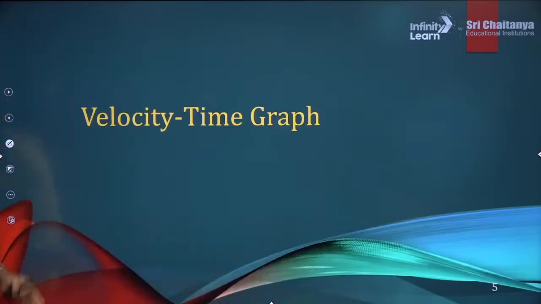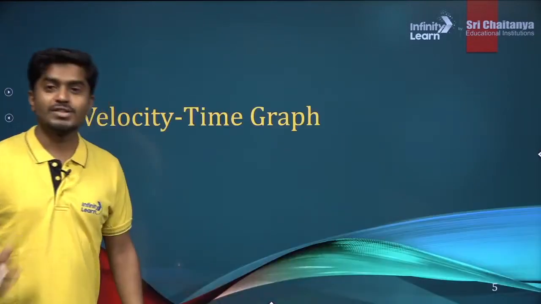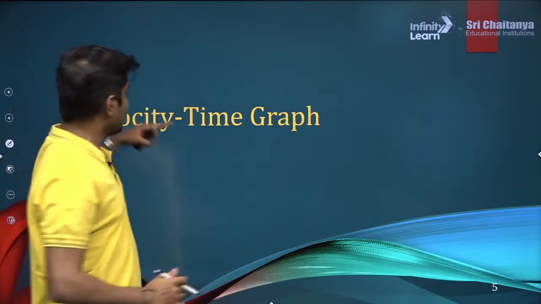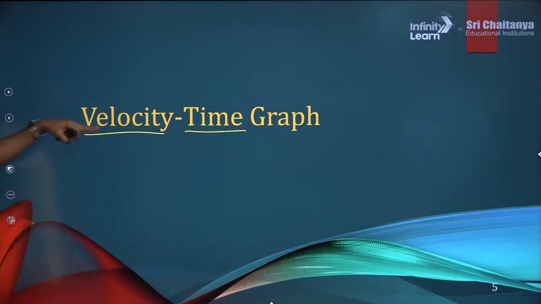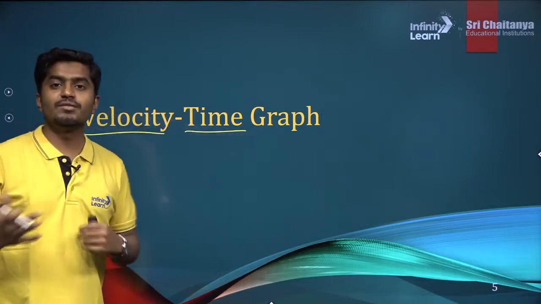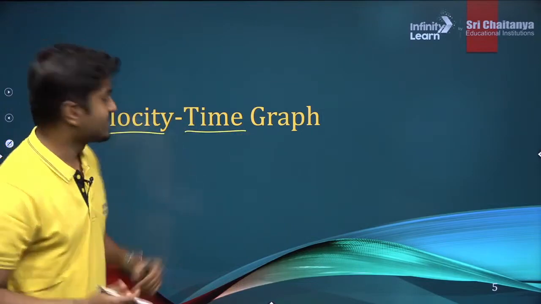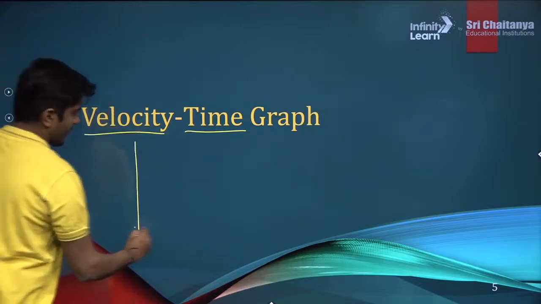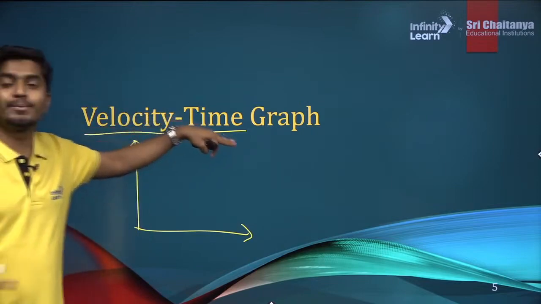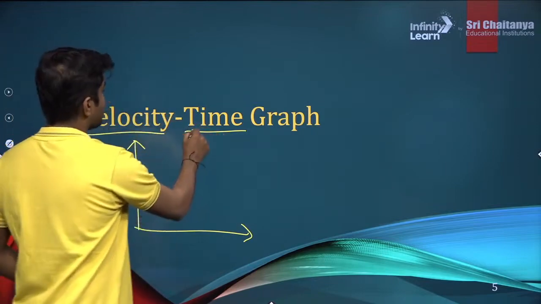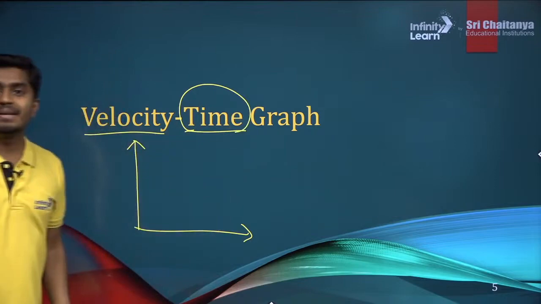Alright, so now let's learn about velocity time graph. Again, we have two variables, velocity and time. So which one will you plot on the y-axis? I told you the reason: time is always the independent variable.